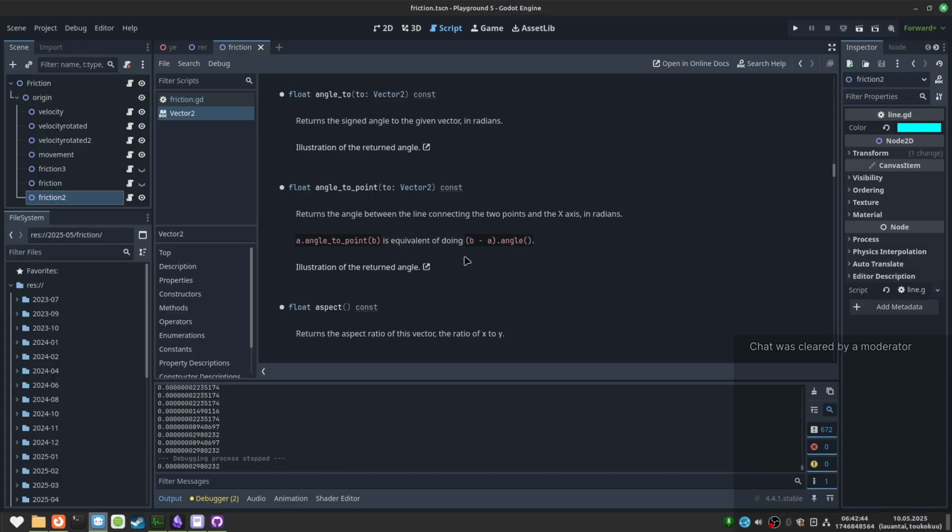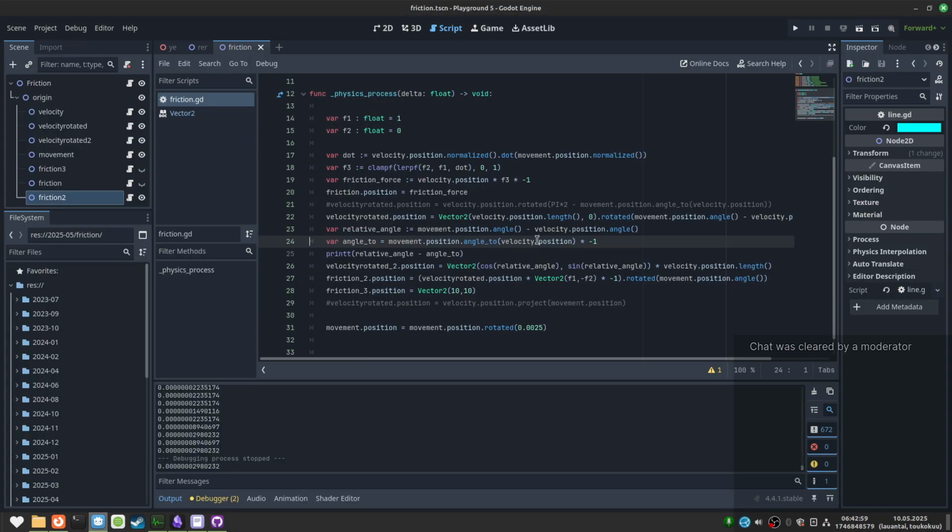Oh, actually, I'm doing this right. No, I'm not doing that. I'm doing angle minus angle, not thing minus thing dot angle. Yep. Hmm, I think no.